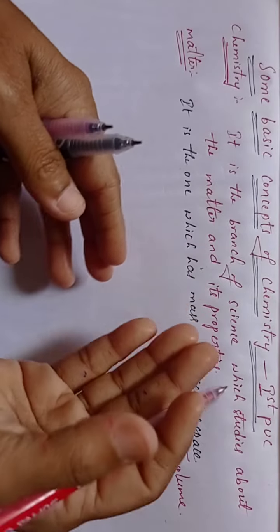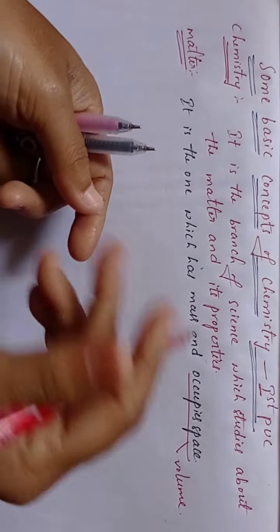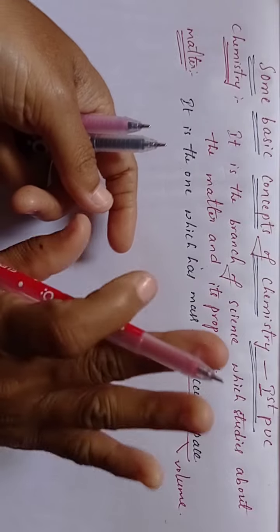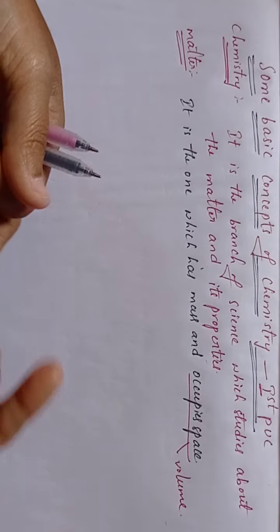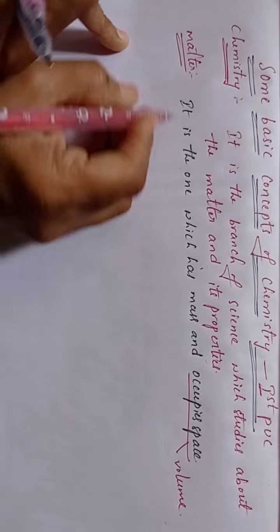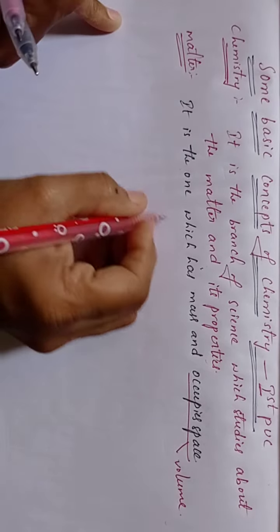Next, matter on the basis of physical state is classified into three types, students. What are the three types?